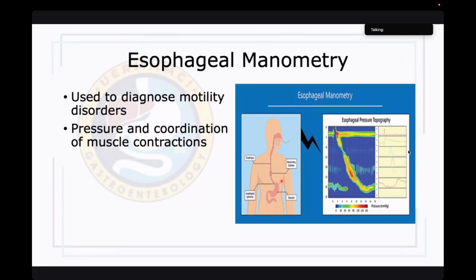And then the patient is asked to swallow small sips of water while the machine records the esophageal peristaltic waves and the lower esophageal pressure. So this test basically tells us how well the upper and lower esophageal sphincters and the esophageal muscles work, like if there are weak contractions or incomplete relaxation of the lower esophageal sphincter.